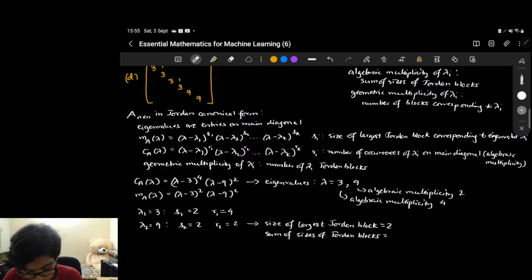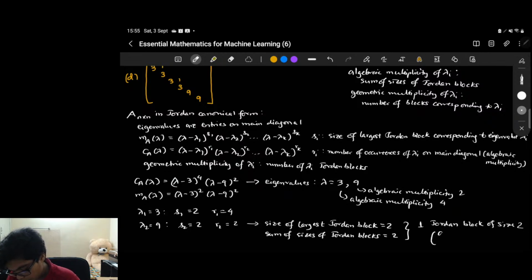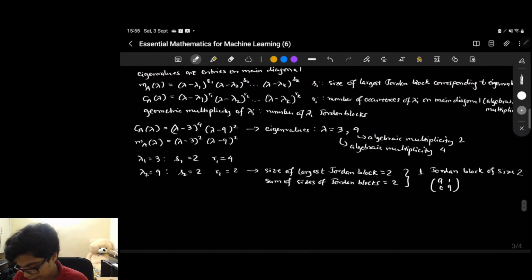So S2 corresponds to the size of the largest block and R2 corresponds to the sum of sizes of Jordan blocks, and that also in this case is 2. So that means we will have one Jordan block of size 2. What is the Jordan block of size 2? That will be a 2 cross 2 matrix as follows. So this is the Jordan block with eigenvalue lambda.